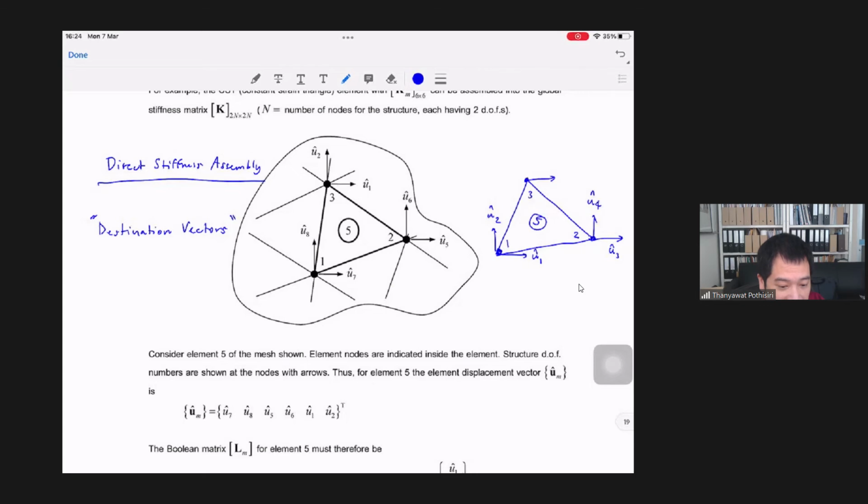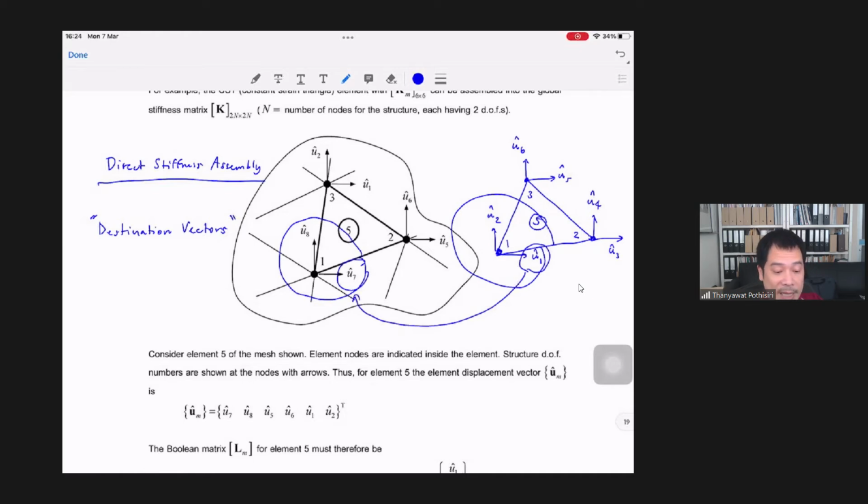And node 3 of element 5 is right here, so u5 and u6 of element 5 should be right here. But when it maps to the structural degrees of freedom, or the nodal displacements of the structure, you see that u1 of the element maps with u7 of the structure, and u2 of the element maps with u8 of the structure. So you have this kind of mapping, 1 with 7 and 2 with 8.